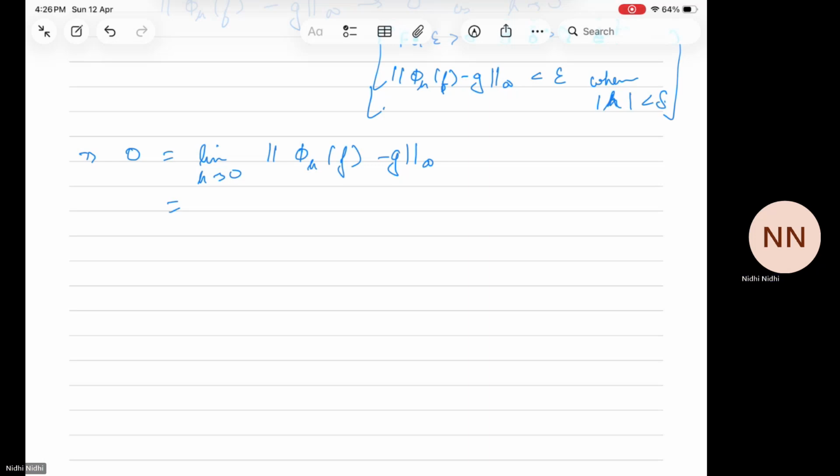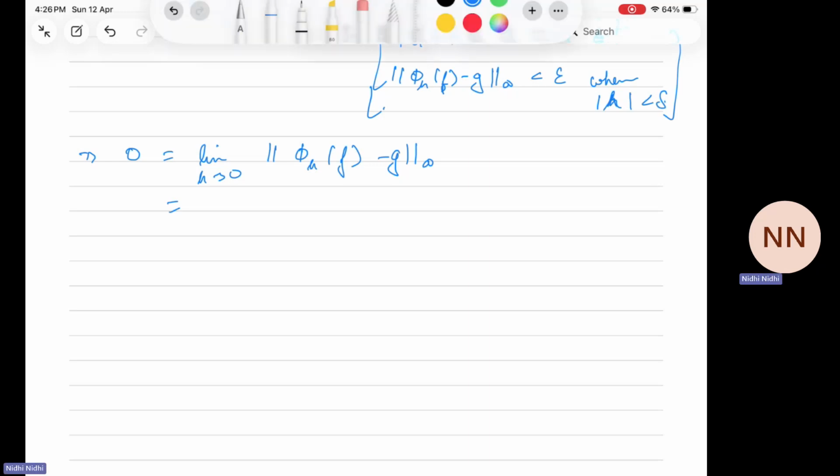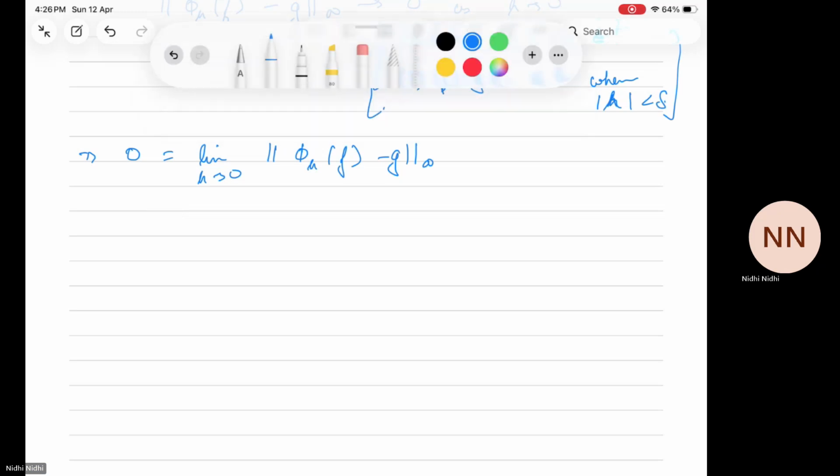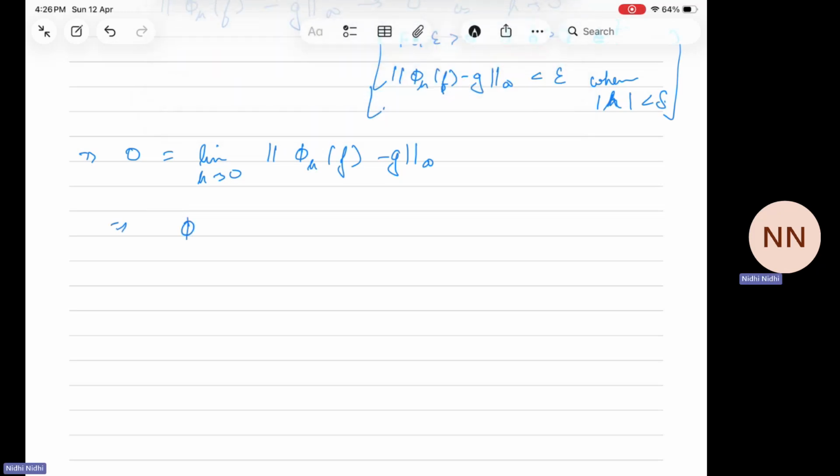One thing you should have noticed now is that this gives us that phi h f is converging to g uniformly. I should write that specifically. That means phi h f converges to g uniformly as h tends to 0.